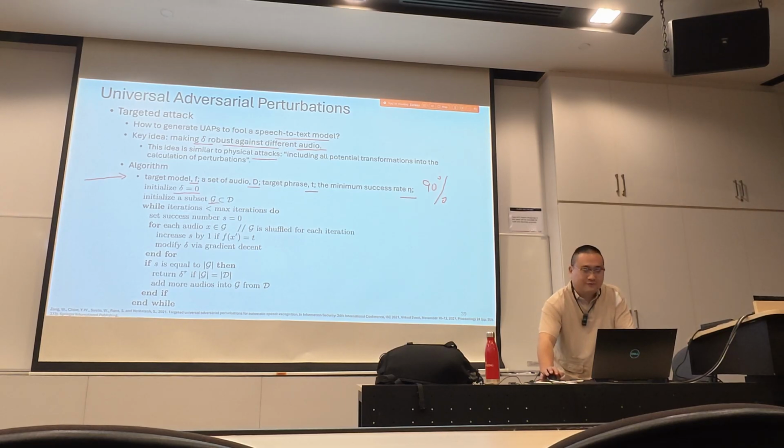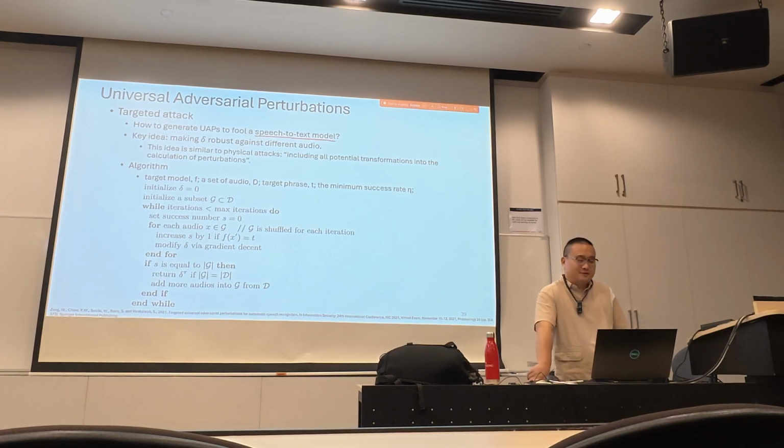For speech-to-text, the loss function is much more complex compared to image classification. For image classification, we optimize the cross-entropy loss, which in mathematical terms is just a single line. However, for speech-to-text, the loss function is very complex, and the optimization is much more difficult.